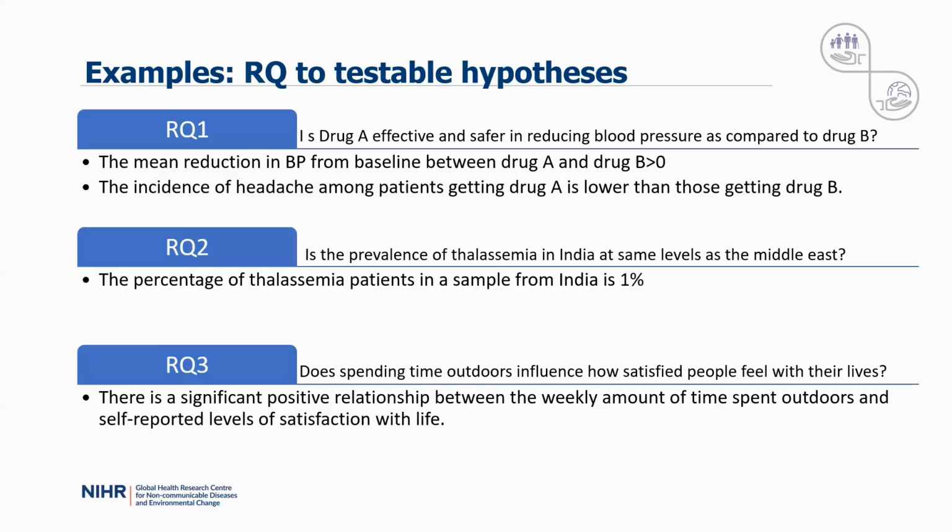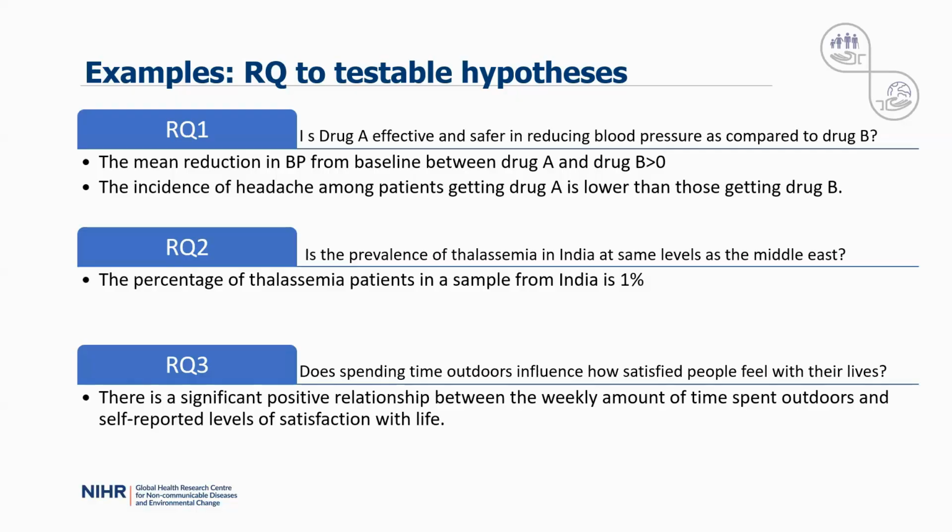The way you could convert it into a testable hypothesis is: there is a significant positive relationship between the weekly amount of time, so here you are quantifying the independent variable in terms of weekly amount of time, in hours, minutes or whatever, or number of days in the week, and self-reported levels of satisfaction with life, where you would be using some known scale, which will give you some kind of a score.